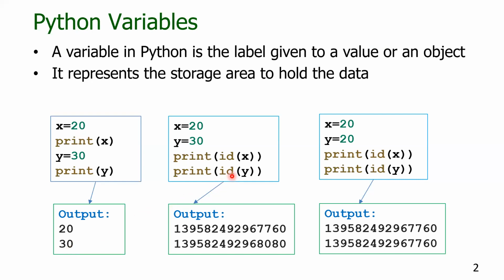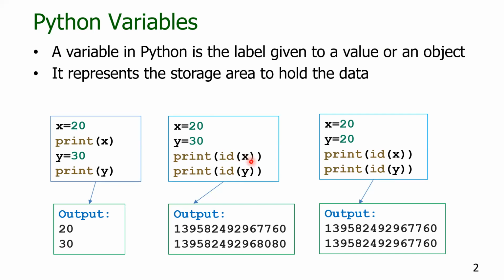Let us check another piece of code where we are assigning the values of 20 and 30 to the variables x and y, and we are also printing the id of x. So here id is the unique identifier of any variable or object which we are passing as an argument. In this case, for the id function, we are passing the argument x.